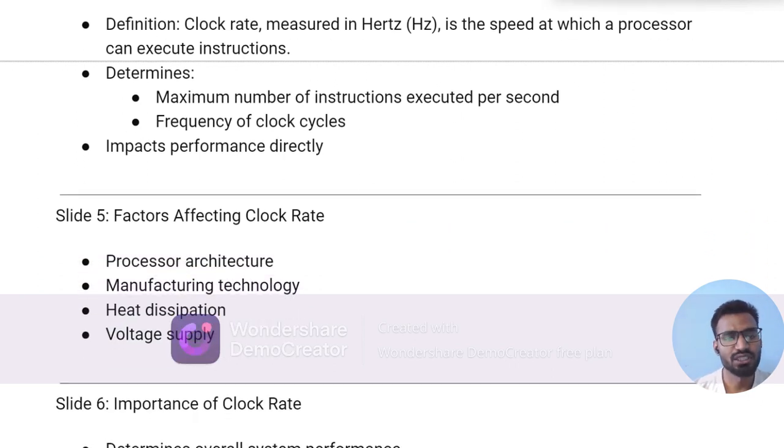The processor architecture, how it is manufactured, heat dissipation, and voltage supply. If the heat dissipation is more for a system, then performance will necessarily decrease. Those are the factors which affect clock rate.